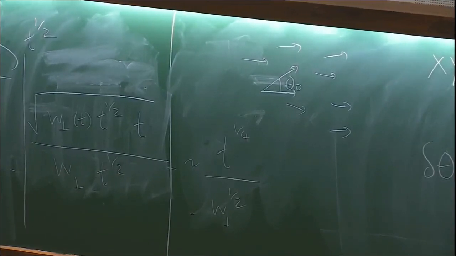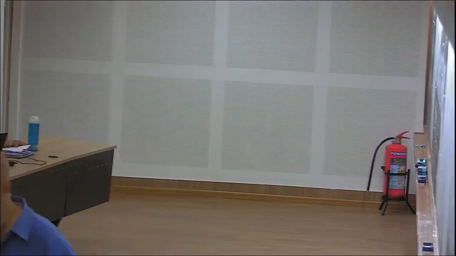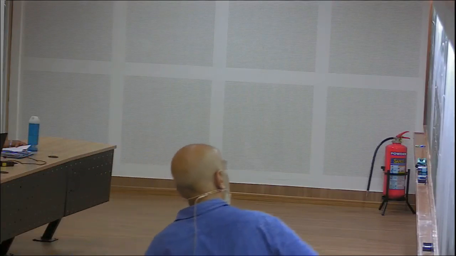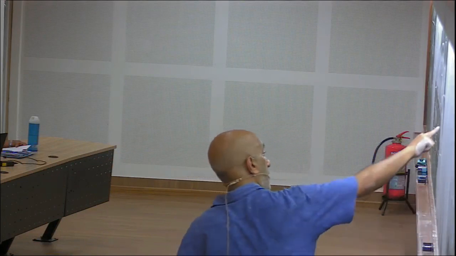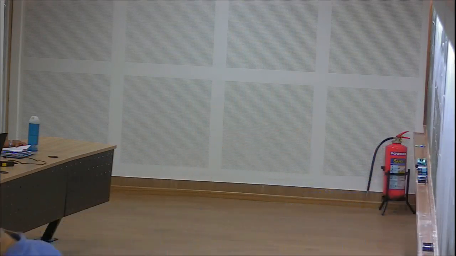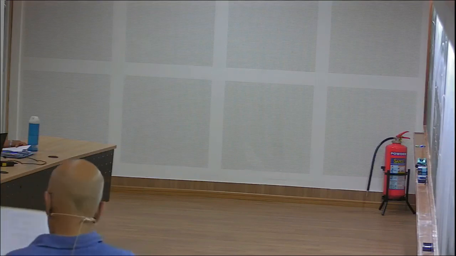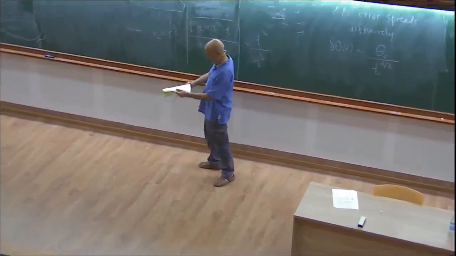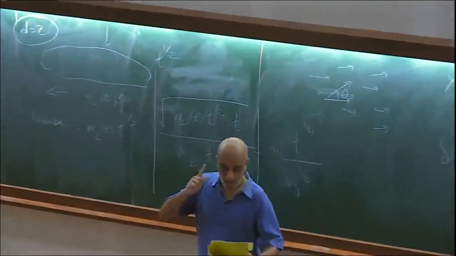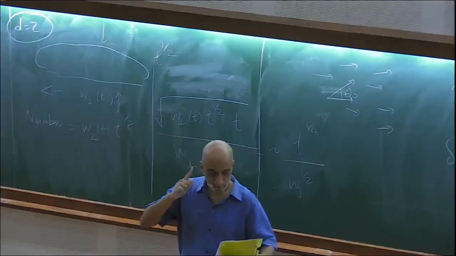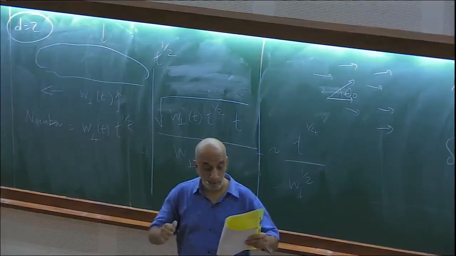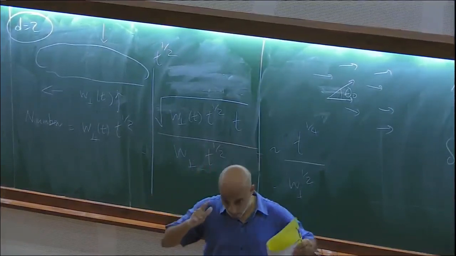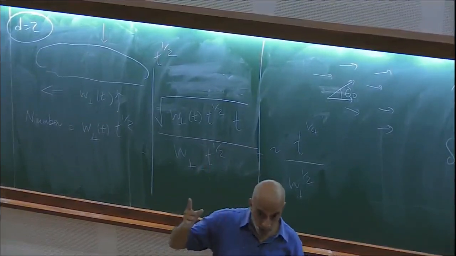Now, we're trying to estimate the errors per spin, and ultimately we're trying to estimate whether delta theta grows like it did.